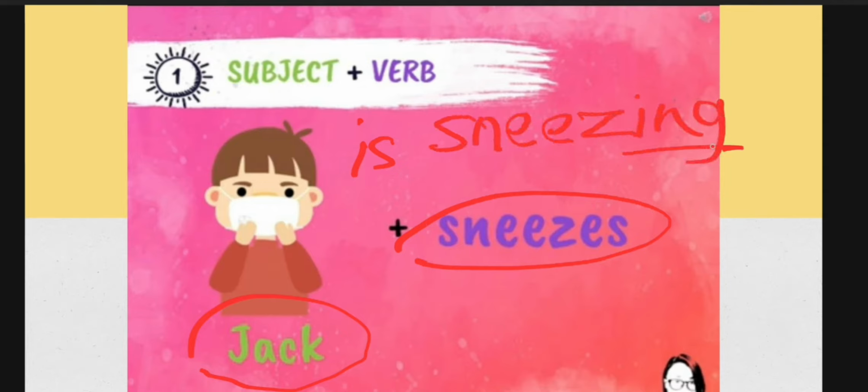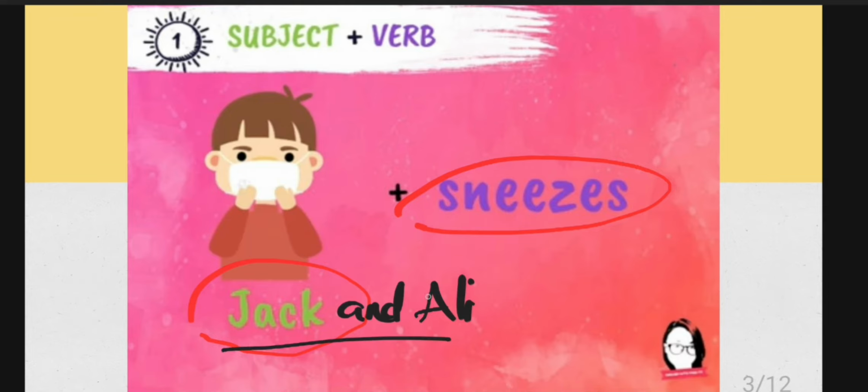Another example, just to refresh your memory. Let's say if you put in more than one subject, Jack and Ali, maybe. So we have 2 subjects. So if you're using this kind of sentence, the word sneezes should be just sneeze with no s.